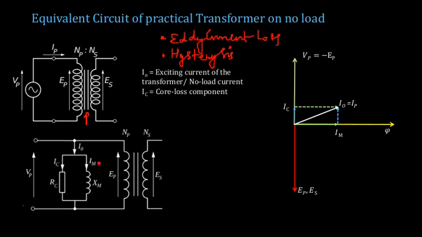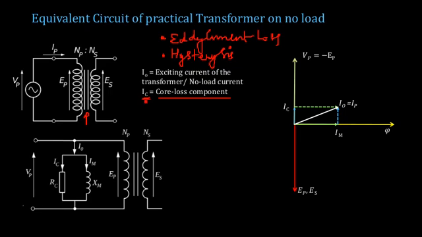Now what we do is associate these losses with another component, which is known as Ic. Ic is the core loss component. Im, we already know, is the magnetizing component and it is lagging behind the applied voltage by 90 degrees.